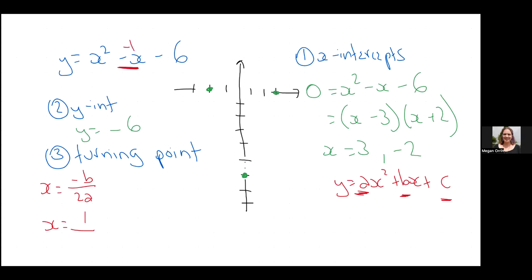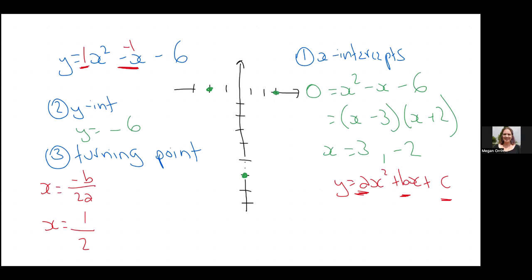So -b is just 1. Then on the bottom of my fraction, I need 2 times a. The number in front of x squared is 1, so it's just 2 times 1. That means the x coordinate of my turning point is a half.